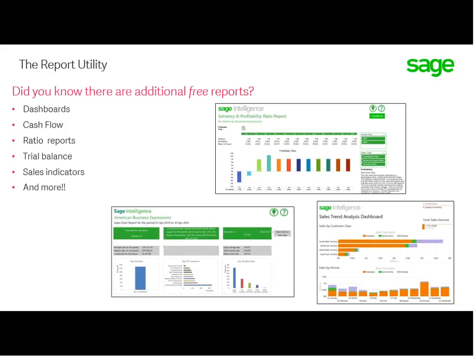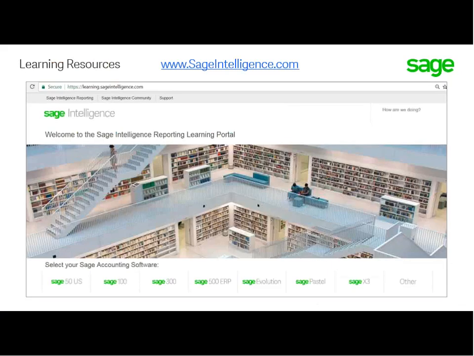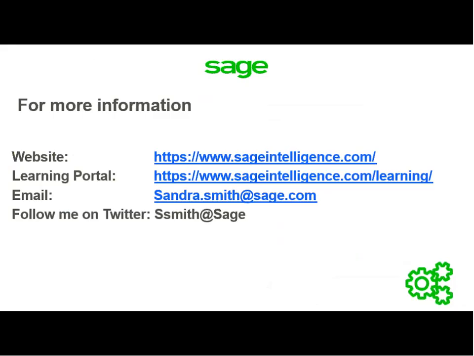There's cash flow accounts, ratio reports, sales indicators, all kinds of reports that are ready for you to download very, very easily using our report utility. And then again, sageintelligence.com, go to our learning resources where you can click on your specific Sage 100 system and get more information.